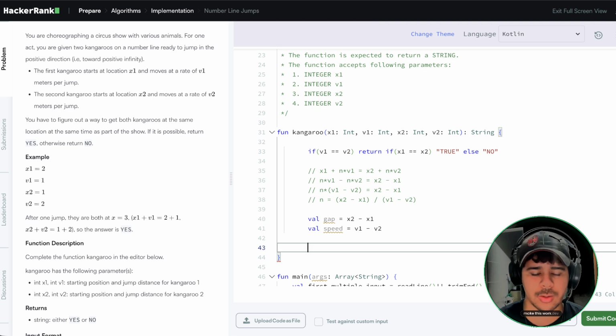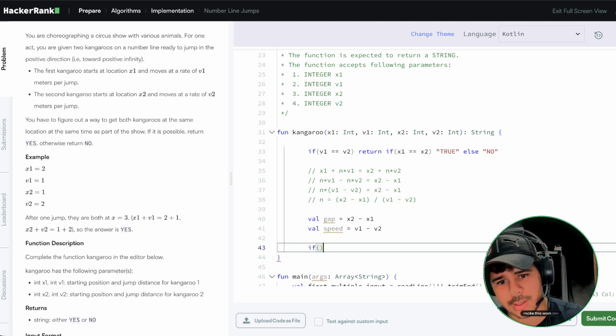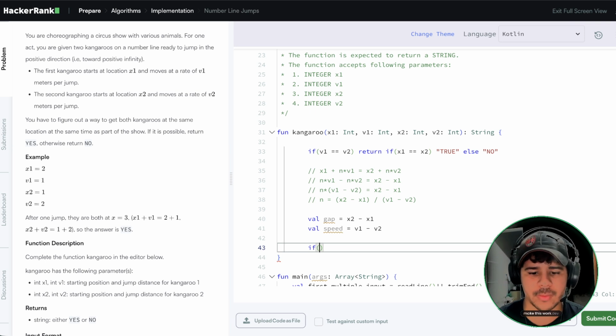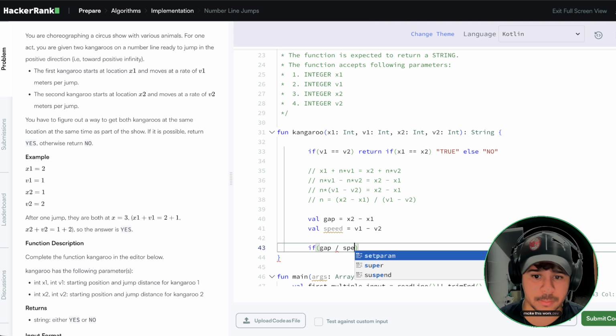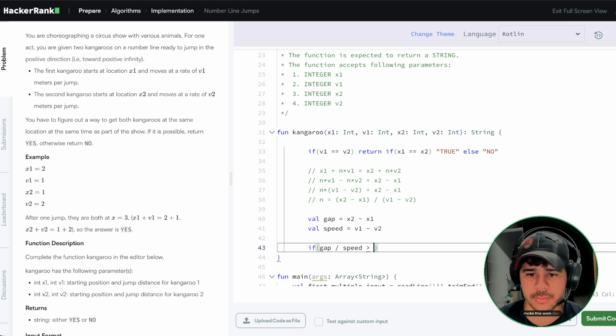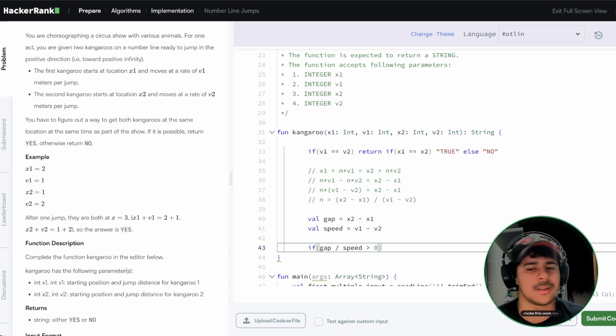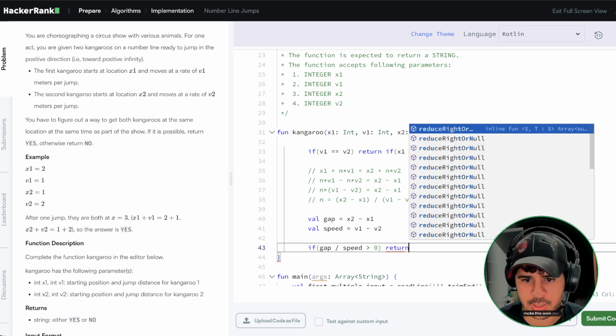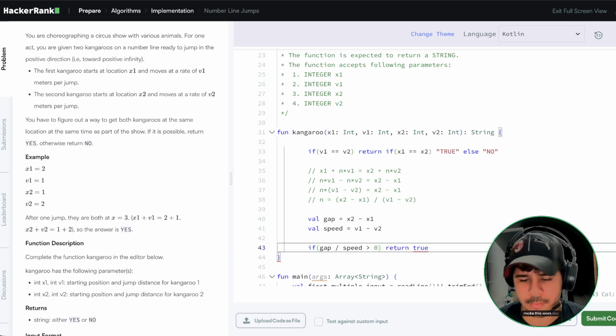So what you have to do is check if the gap divided by speed is bigger than 0. So if it's a valid division, because if it's smaller, it doesn't make sense, it's wrong. So you're going to return true.